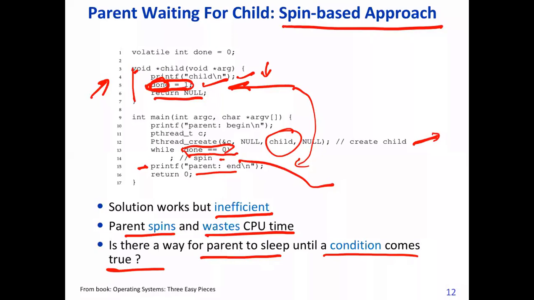Okay, let's take one simple example. Suppose you are at home and there is one washroom or bathroom where you want to take a bath. You and your brother both want to use the bathroom, right?